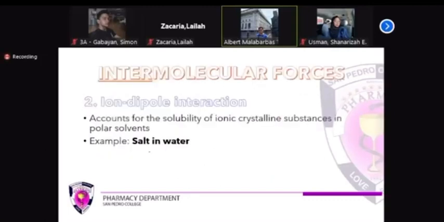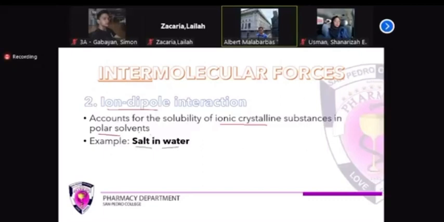Okay, next, the second type of intermolecular force, because earlier it was only van der Waals, which has three subtypes. The second type of intermolecular force is the ion-dipole interaction. The best example is when ionic crystalline substances are dissolved in polar solvents, like salt in water.